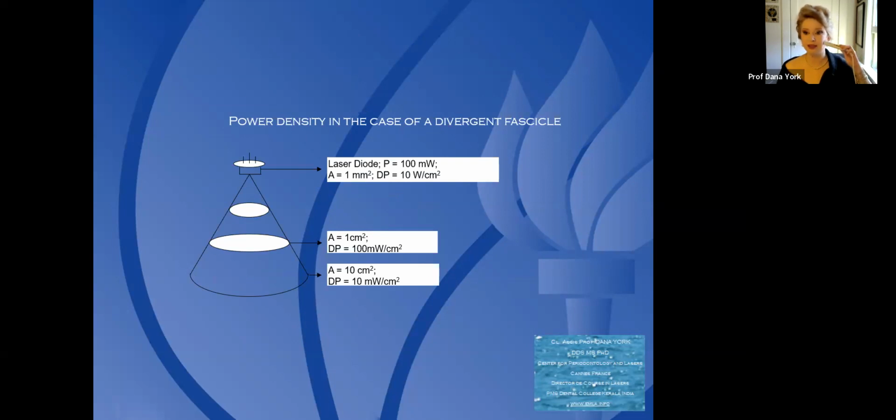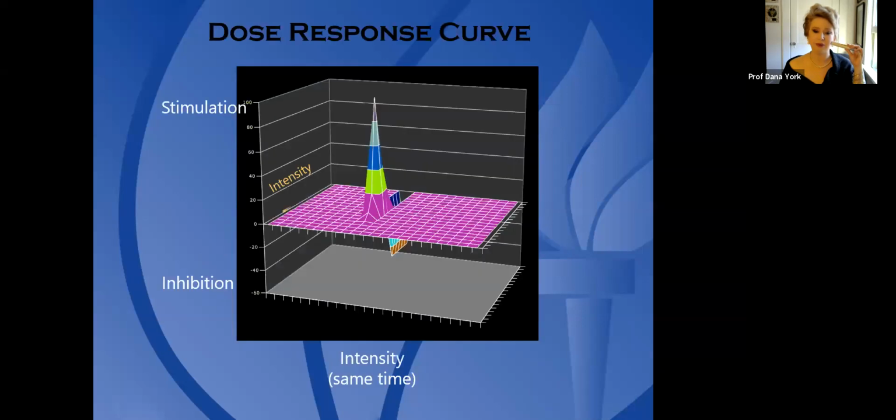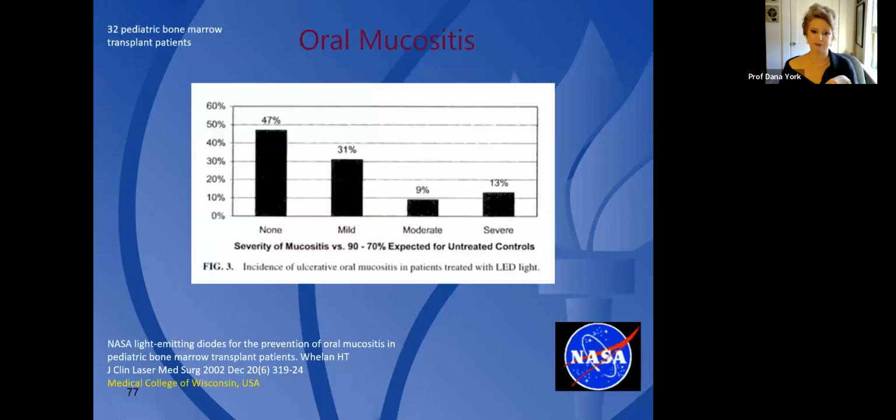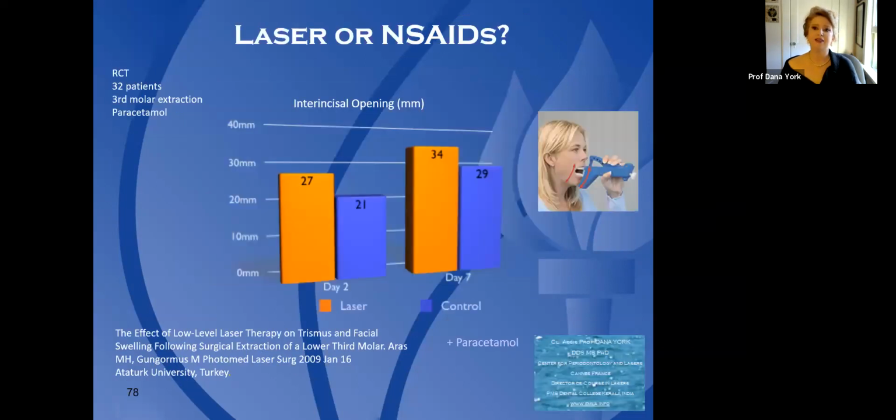We put it here, but the effect goes deep into the system. So we get stimulation, inhibition. It's used for mucositis, for temporomandibular joint, and as a replacement of anti-inflammatory pills.